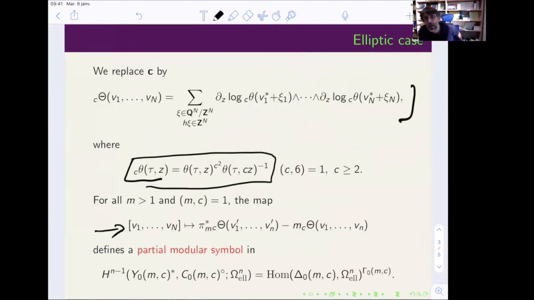Both the trigonometric and the elliptic require this, because what the multi-equivariant formalism gives you is an explicit cocycle with values in differential forms on the fiber, on C^n minus hyperplanes. In the trigonometric case it's C star to the n minus some hyperplanes, and in the elliptic case it's E to the n minus some elliptic hyperplanes.